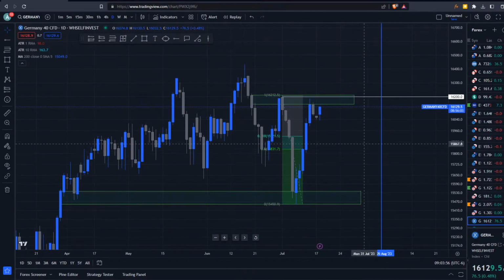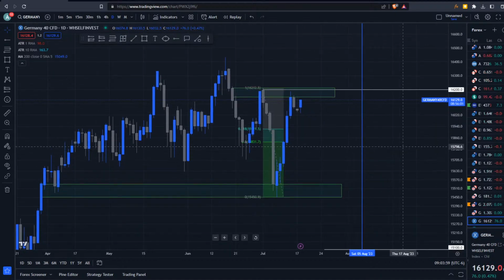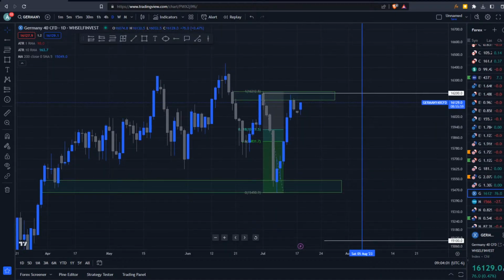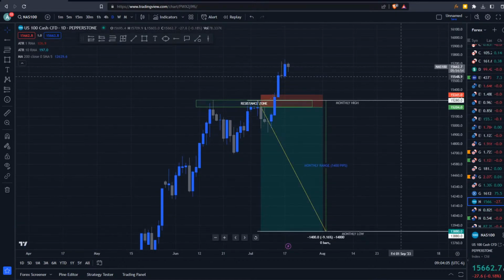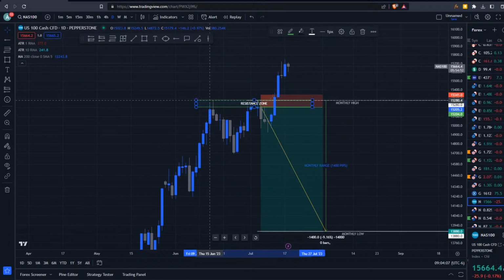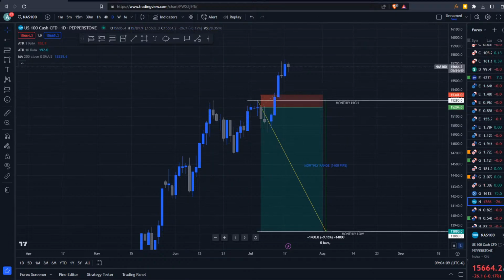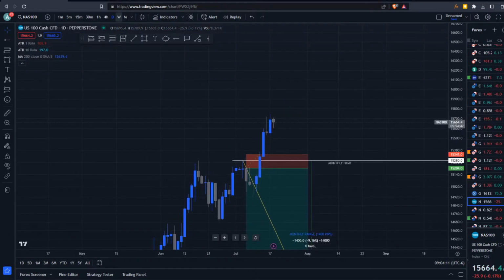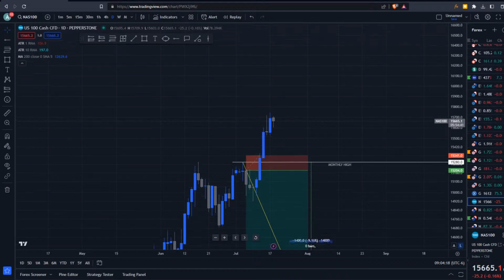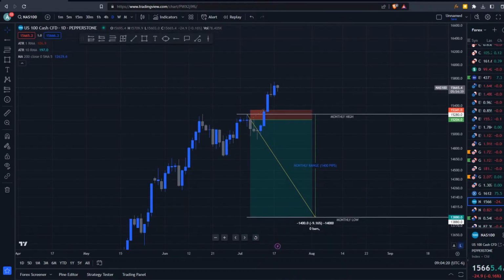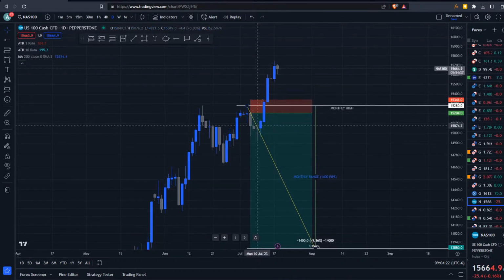The Germany 40 index. I'll just skip past that. Alright, so your NAS 100. This one eventually is going to come to an end. I don't know when. I don't feel comfortable buying this. It's so overpriced, and there's just no real good trade setups per se.